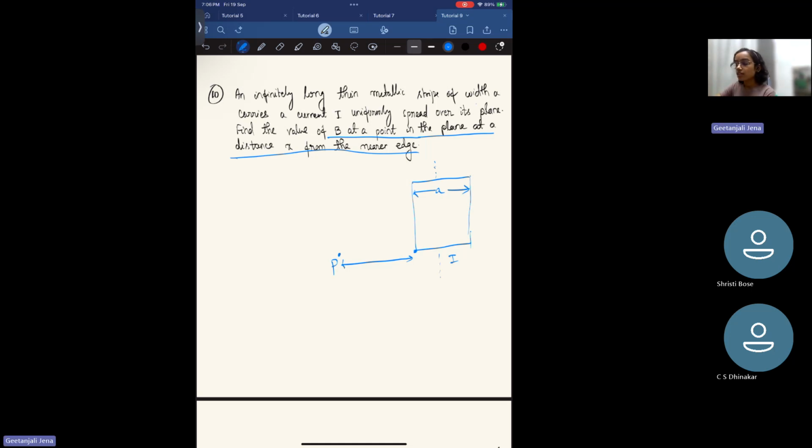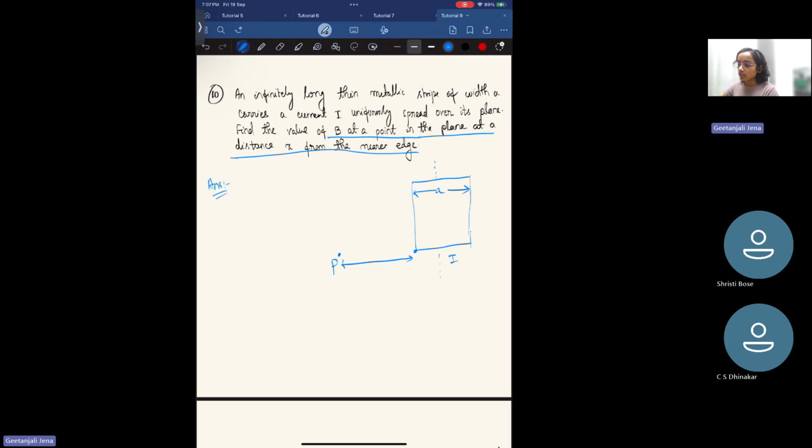So to solve it, you can think that this stripe is made up of a series of long thin wires. So you know the magnetic field for a thin wire, which is mu naught I by 4 pi x into (sin theta 2 minus sin theta 1).